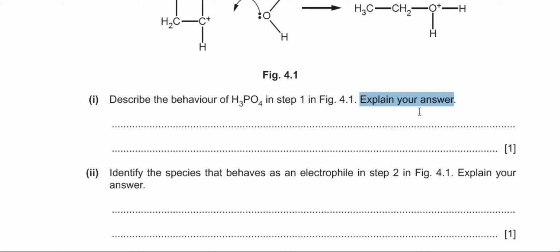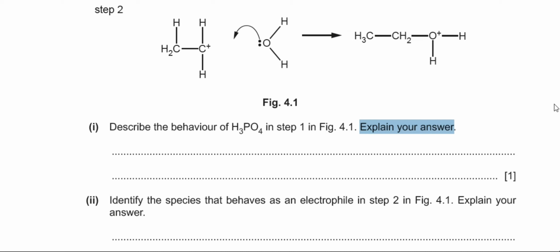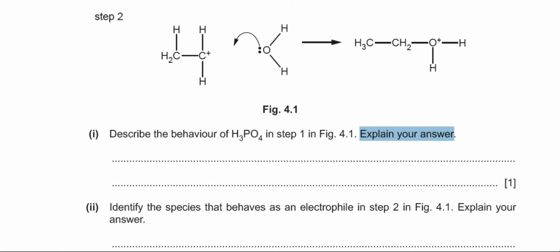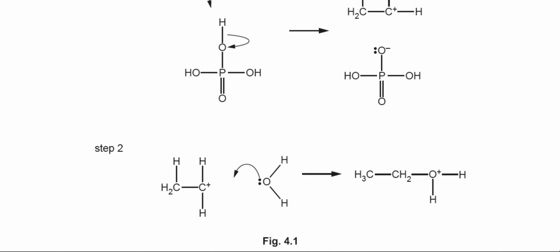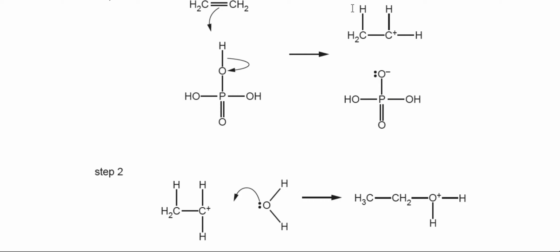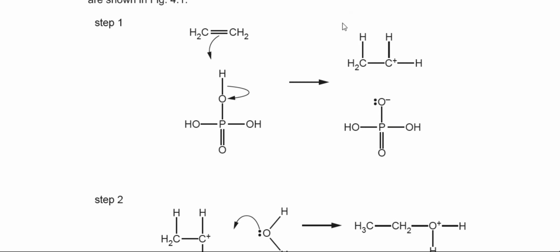It is a proton donor. Then identify the species that behave as an electrophile in step 2. So remember, everything which is electron deficient and has a charge of plus could be an electrophile. So here we can easily predict this species, this part, this is the electrophile.